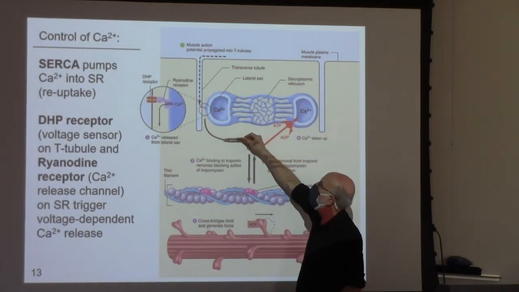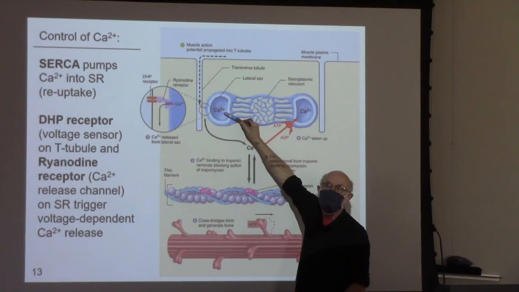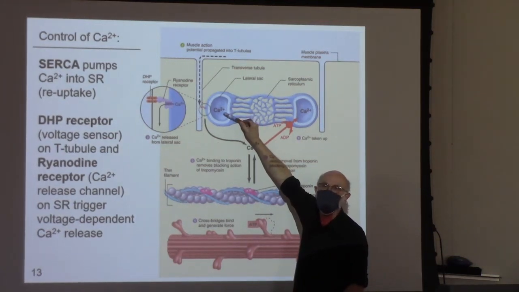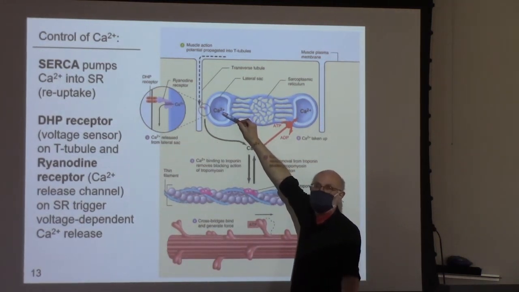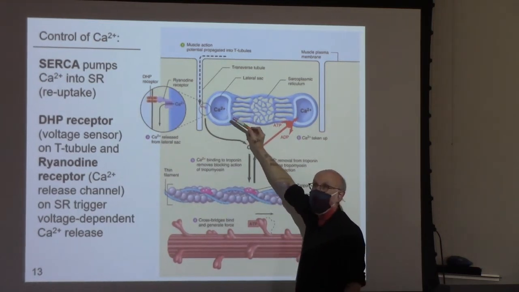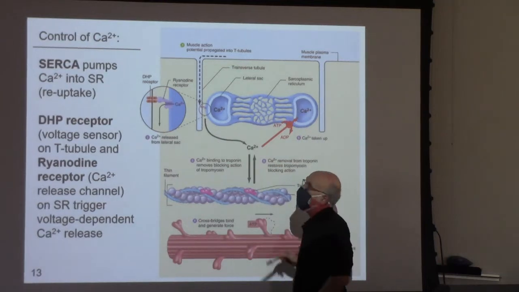Sarcoplasmic reticulum. What was the protein that pumped calcium into the sarcoplasmic reticulum when the muscle was relaxed? SERCA. Same old, same old. SERCA pumped calcium into the sarcoplasmic reticulum.